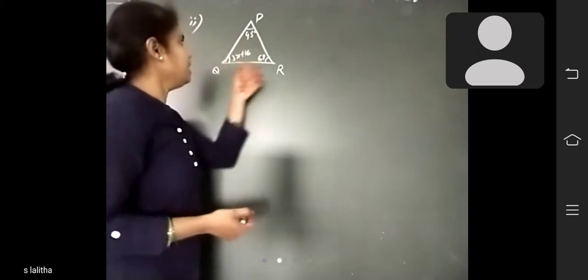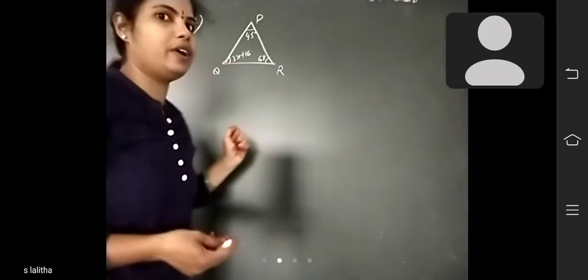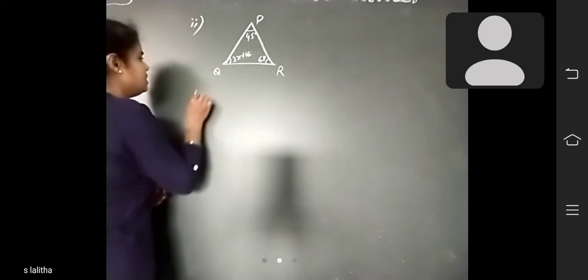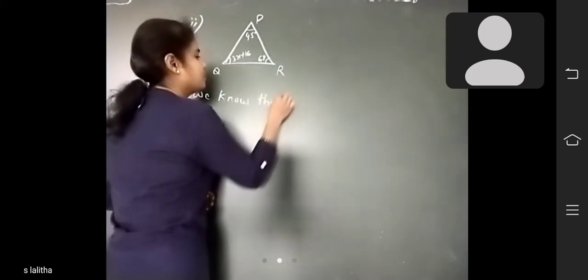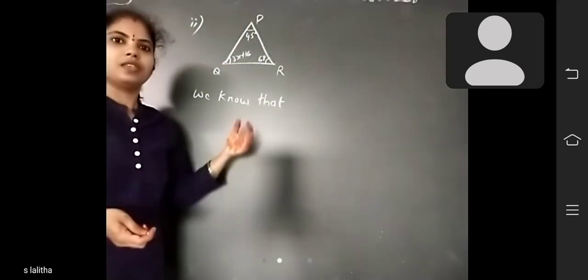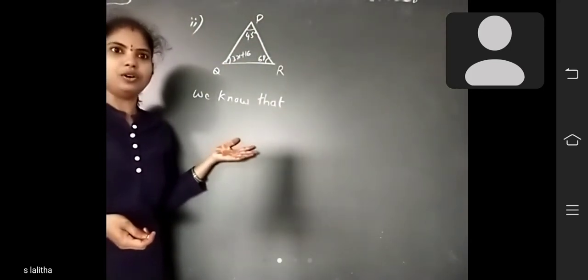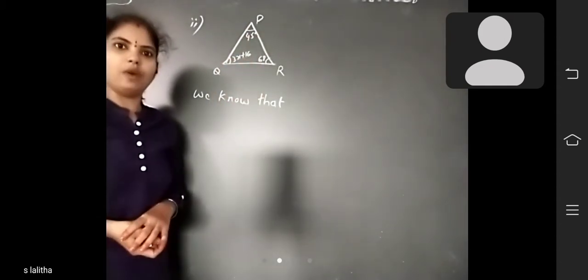Here, triangle PQR is given. So you have to find the value of x. How to find? We know that the sum of all three angles of a triangle is equal to 180 degrees.